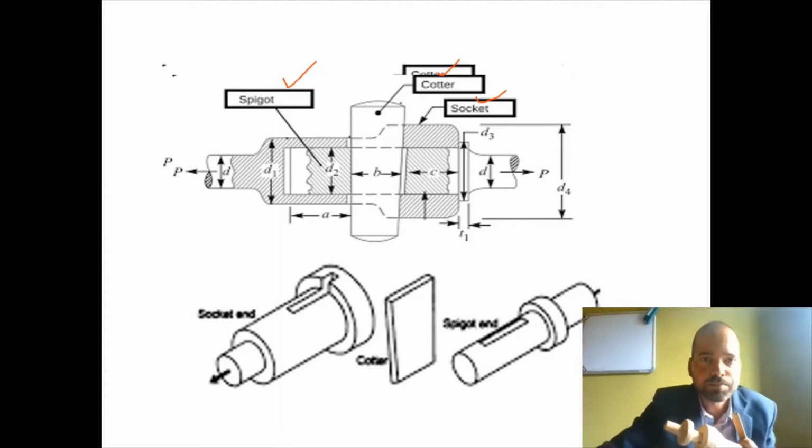So if you see, this is a slot made in the socket, right, up to this end, right. And this component is called a pivot. If you see, this is inserted in this slot, right.